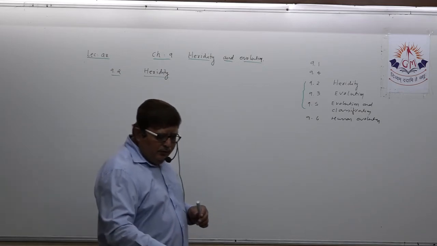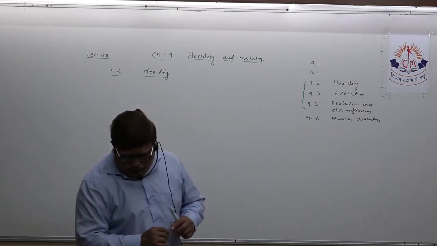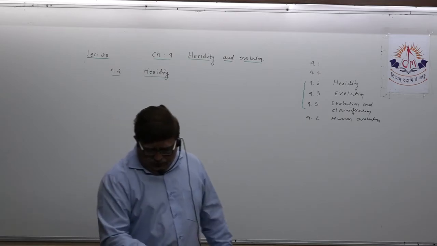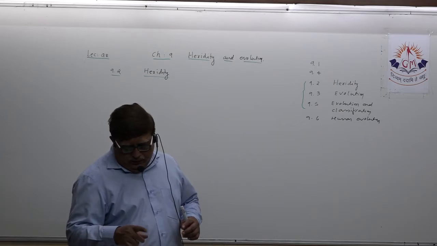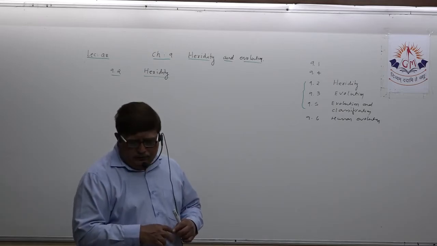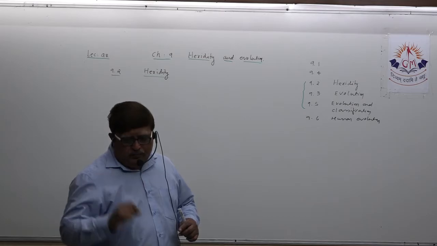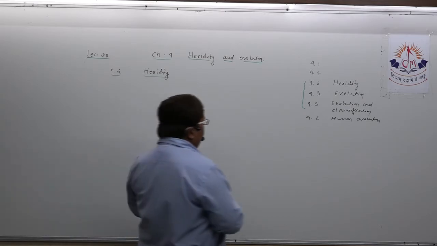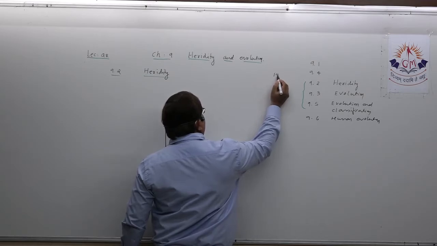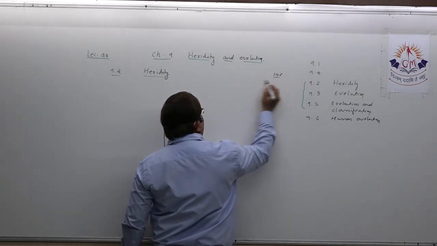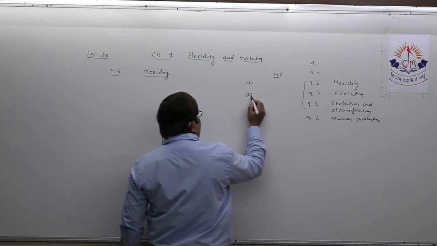See, dear student, two questions which appear on page 147, if you verify, in text question: how do Mendel's experiments show that traits may be dominant or recessive? One of the question, understand, on page 147 in text question, question number 1, and then question number 2.